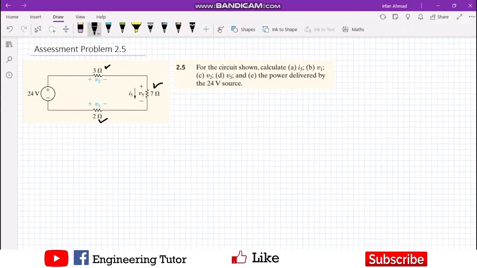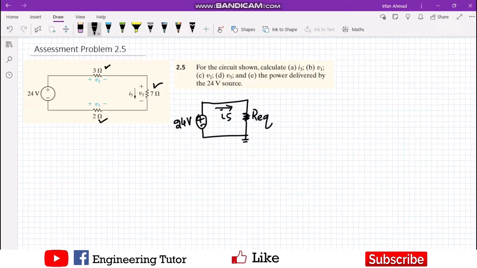So initially we have to convert this circuit into a circuit which consists of only one resistor, which is the equivalent resistance of this circuit, and it is connected with our 24 volt supply, which basically is providing us the current I5.